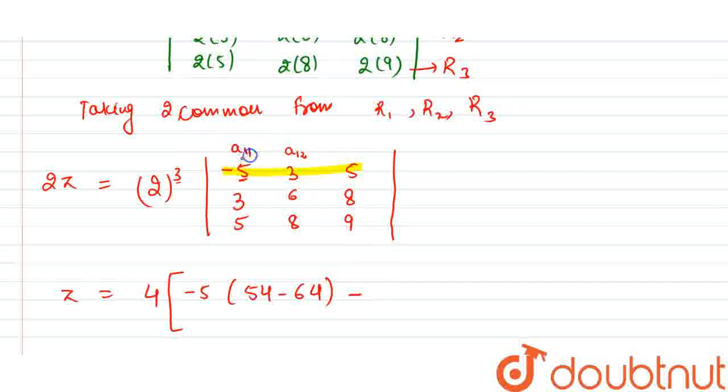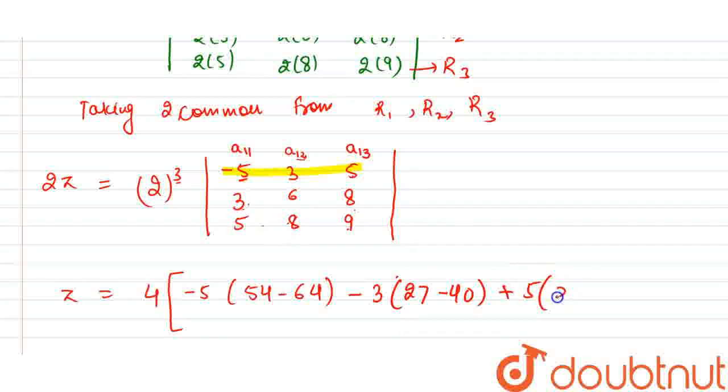A11 is positive and minus 5 is itself negative. This term will give negative because this is 1, 2, and A13 is 5, so this will again be a positive term. By using the formula of determinant, this is 3 times 9, 27, minus 8 times 5, 40, and plus 5 times 3 times 8, 24, minus 30.